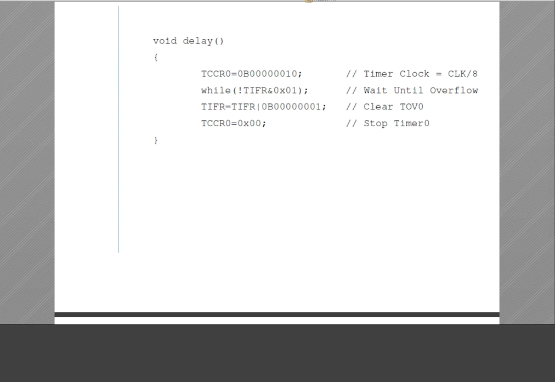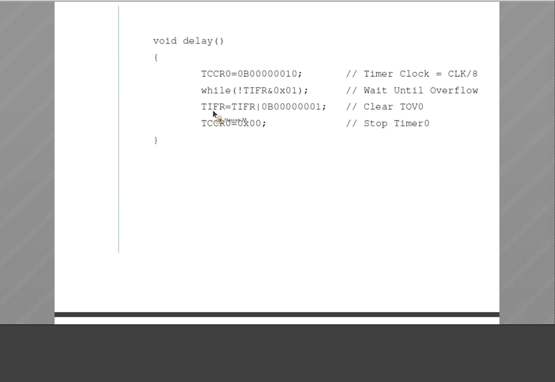When timer overflow occurs, that means 256 microseconds. Then we jump from this statement to this instruction. All of this means wait for 256 microseconds, wait until overflow occurs.